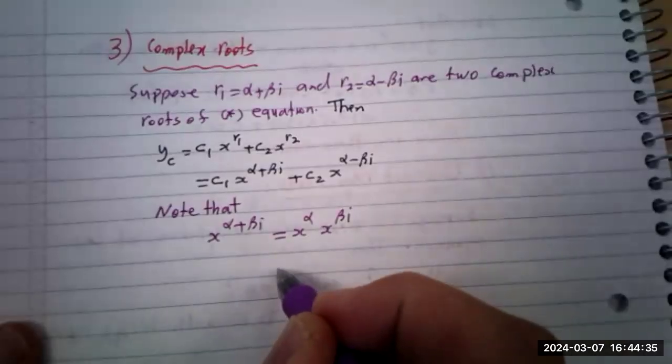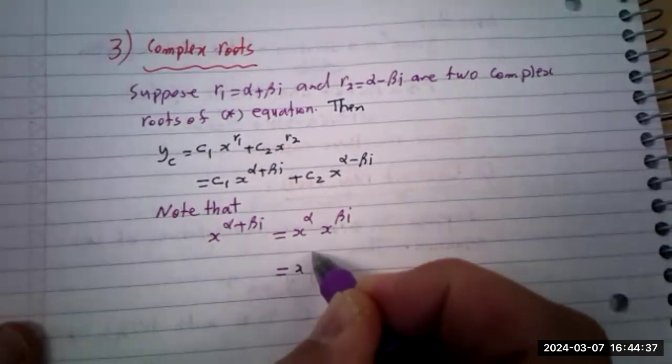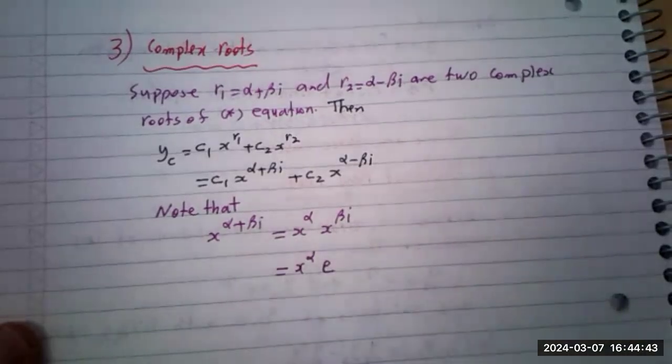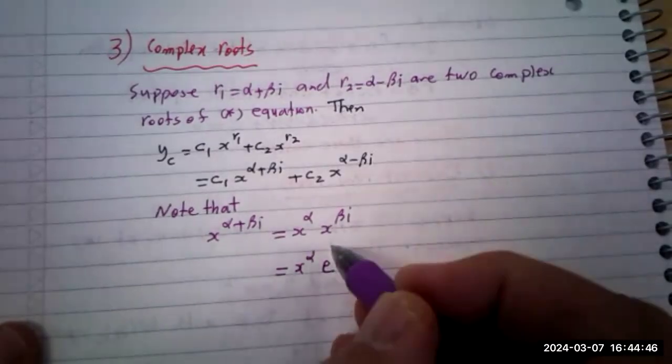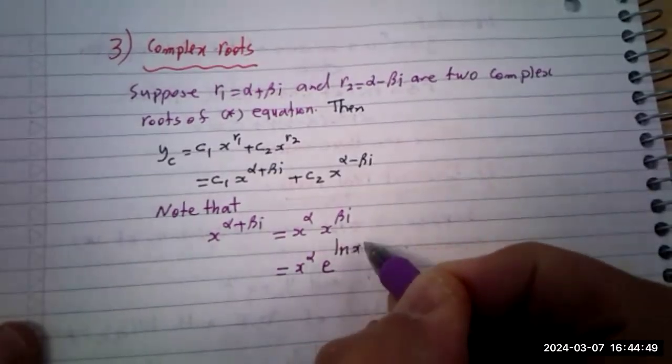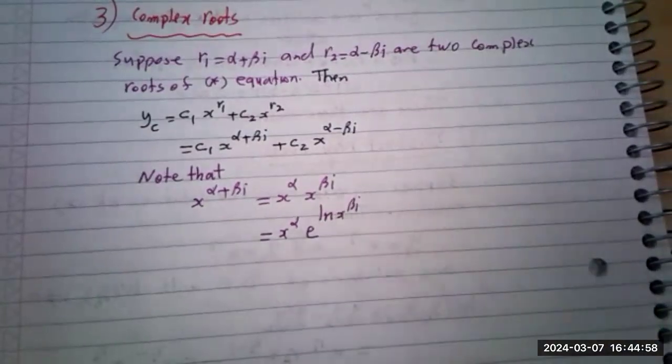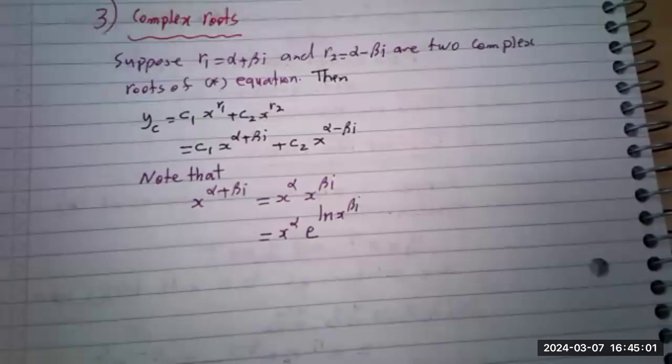I'm going to rewrite this one as x to the alpha, and I want to change x to the beta i into the exponential form. Remember, the way we write the exponential form is e to the ln of x to the beta i, because the ln function and the e function are inverses of each other, so these two cancel out and you get x to the beta i. I want to write it in the formula, that e to the i beta can be written as cosine of beta plus i sine of beta. So I change it to this format, now I'll be able to do it.